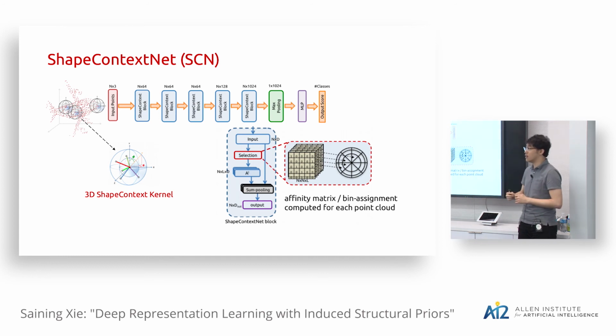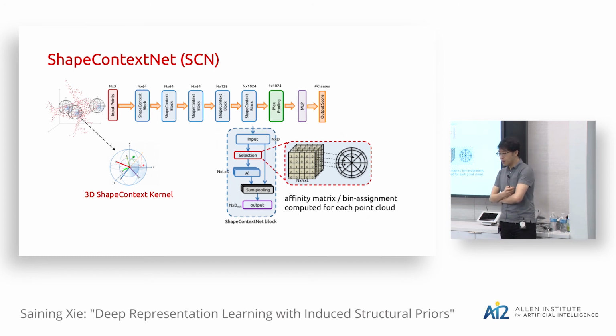Then we can stack those blocks together one by one to form a deep network. By using this shape context, we can propagate the contextual shape information throughout the network in a hierarchical fashion.